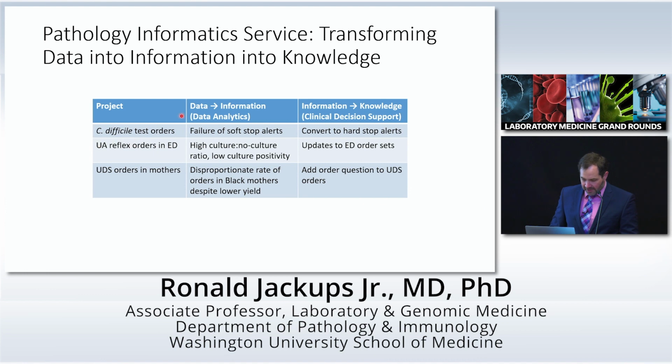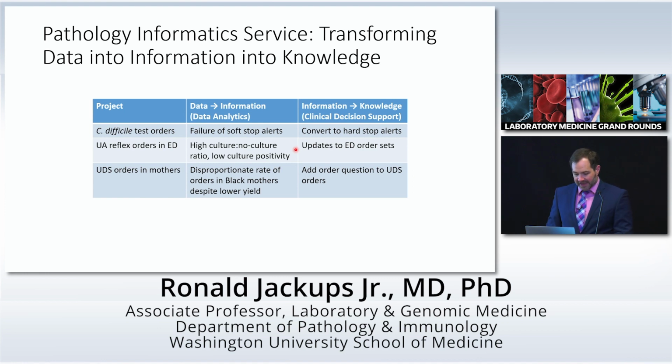So remember that data into information is basically the collection and analysis of data into something that gives us context. So with the C. diff orders, that's proving that the soft stop alerts failed.